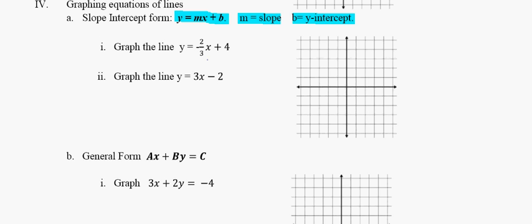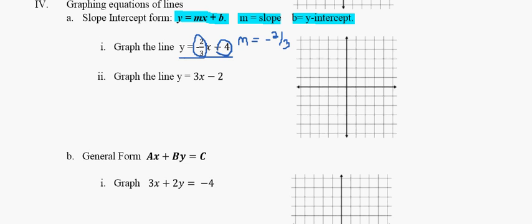Your y-intercept is where your line crosses the y-axis. So if I were to graph this first line, let's do it in blue, the first thing we have to do is identify the slope. If I look at this line, the slope is equal to, and we see we have it in the form y equals mx plus b, so this must be my slope.